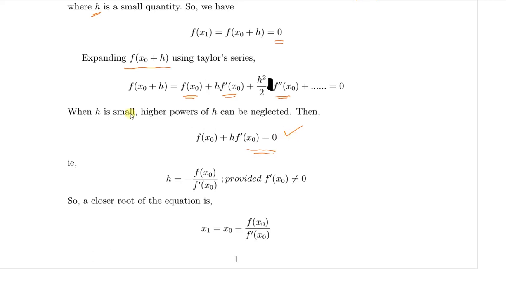From this expression we can write h into f dash of x0 is equal to minus f of x0. That means h is equal to minus f of x0 divided by f dash of x0.